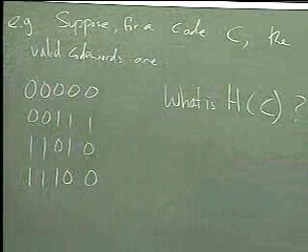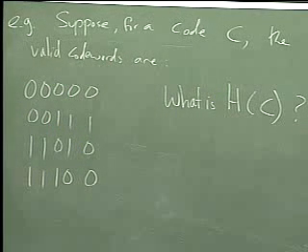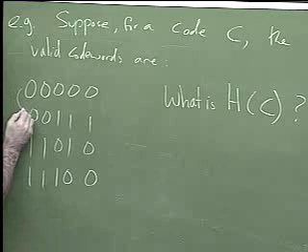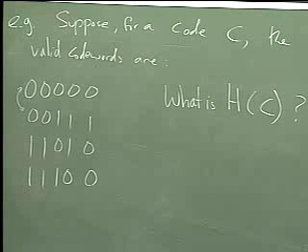What's the Hamming distance for this code? What's the Hamming distance between this pair? 3.